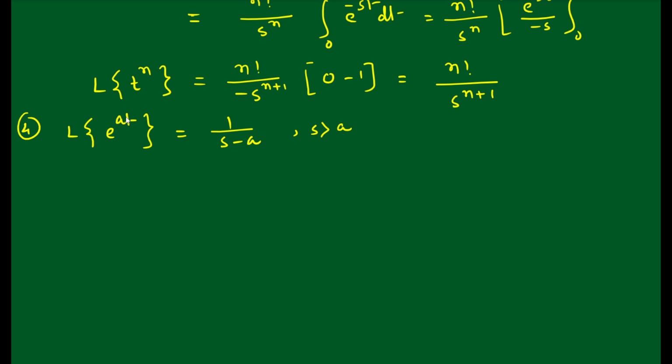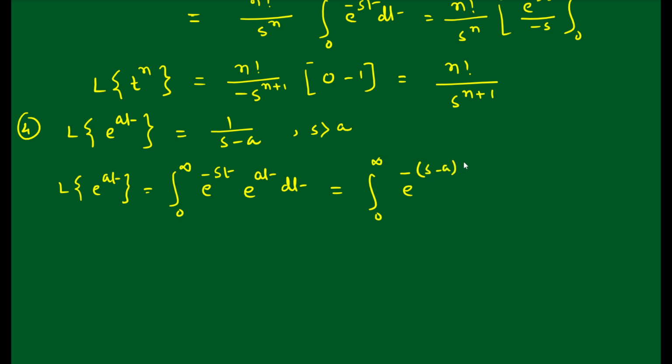So now here capital F of t जो है वो क्या है? यहाँ पे f of t is e to the power at. So Laplace transformation of e to the power at is equal to what? 0 to infinity e to the power minus st. So in place of f of t हमें क्या लिखना है, e to the power at dt. Okay, so 0 to infinity. So we can take s minus a common, t dt. So ये constant है यहाँ पे, this s minus a is constant.